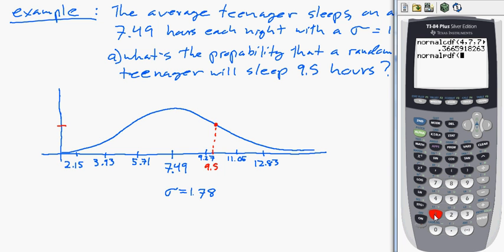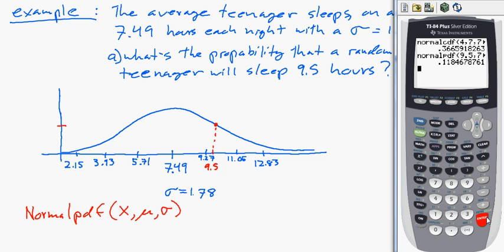So, number one, the syntax I can write out for you. We need the value that we're interested in, in this case 9.5, the mean and standard deviation. So we can plug in 9.5, 7.49, and 1.78.